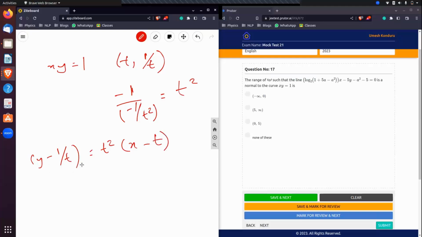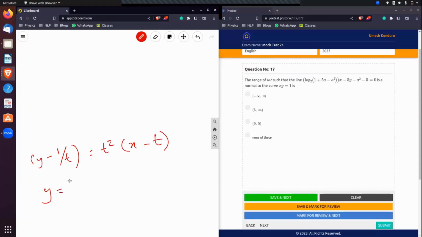And now you just have to compare this equation with the original one. Here you have y equals t square x minus t cube plus 1 by t.